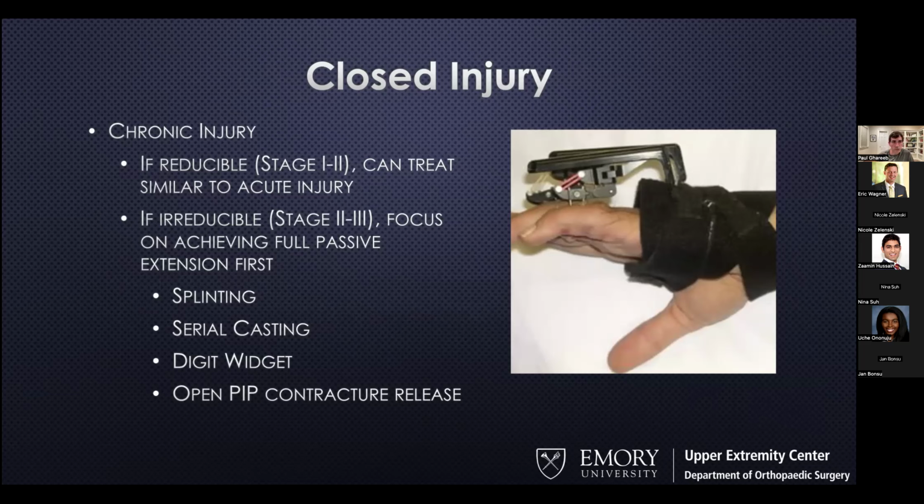If it's really long-term, or if it's irreducible, which is the ones you run into more often in the chronic setting, you have to focus on achieving full passive extension first. And that's either with splinting, serial casting, digit widget, or an open PIP contracture release. The photograph here is an example of a digit widget used to correct a contracture.